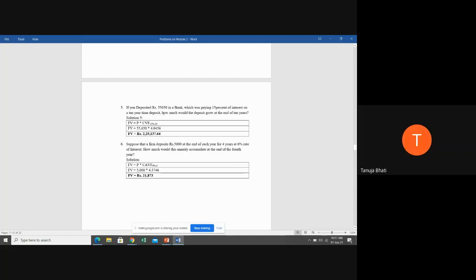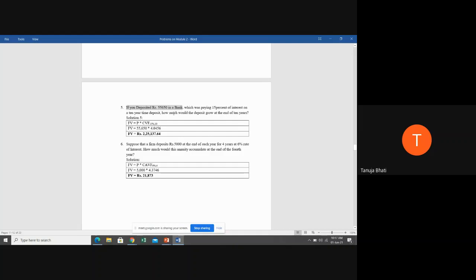Okay. What is the meaning of annuity, dear? Where it is multiple cash flows which are equal, a series of equal multiple cash flows. Now here we are just depositing it only once. If you deposit rupees 55,650 in a bank only once, are they telling that 55,650 is deposited annually every year?